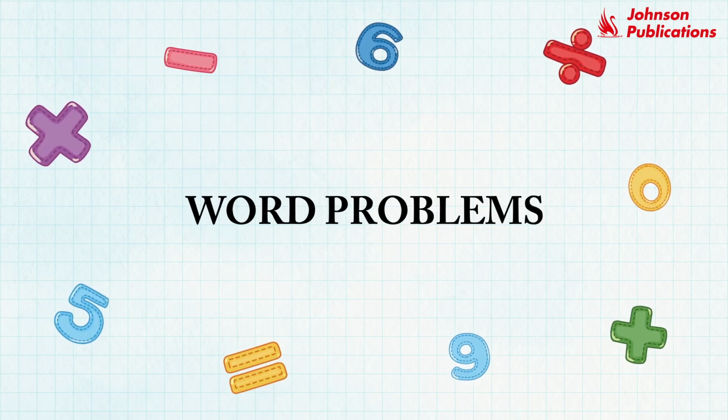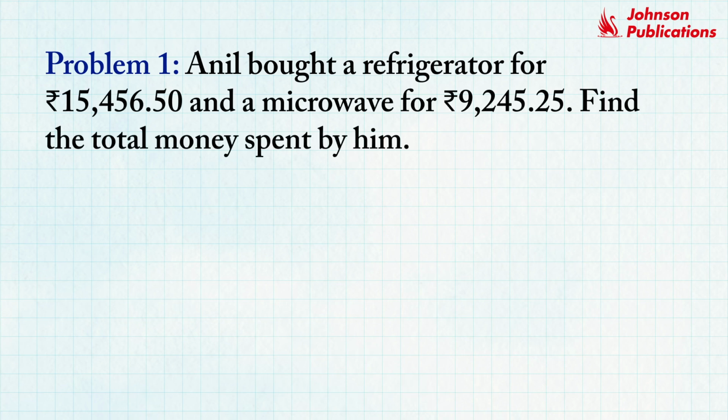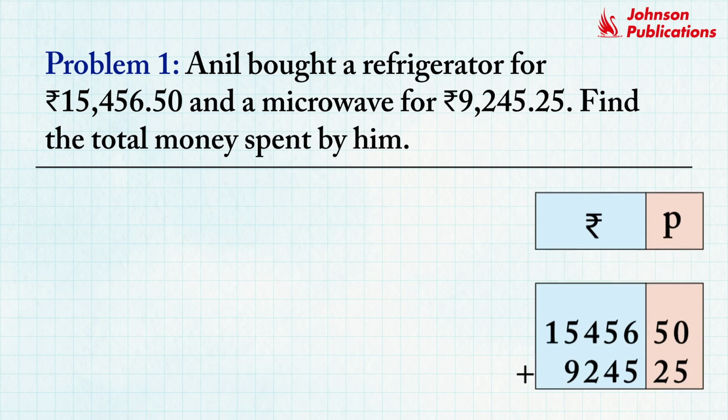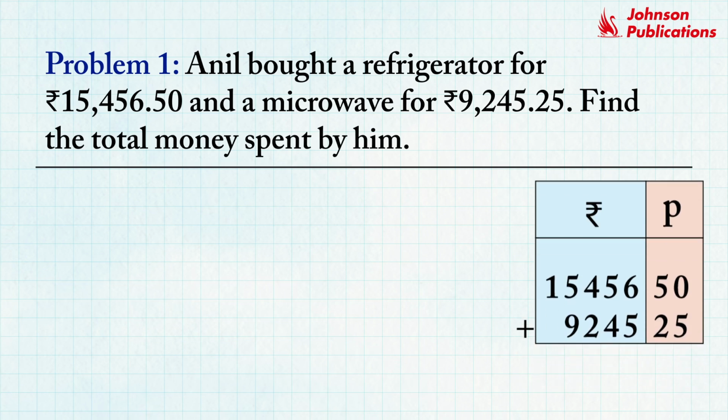Word problems. Problem 1. Anil bought a refrigerator for rupees 15,456.50 and a microwave for rupees 9,245.25. Find the total money spent by him. Let us write the information given in the problem.